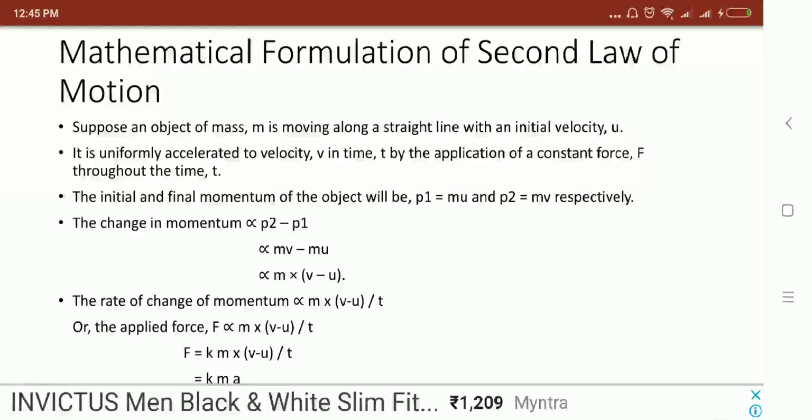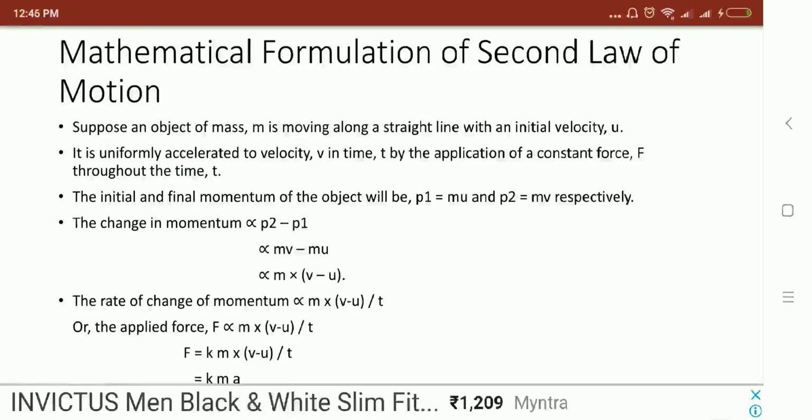Because the object is the same, the mass remains common for both momenta, m. Initial velocity of the object is u, so my initial momentum becomes mu. And final velocity of the object after giving force F is v, so my final momentum becomes mv.